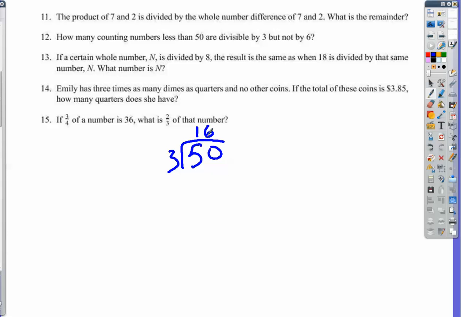So, what does that mean? That means that you have 3, 6, 9, and I can list them all out.